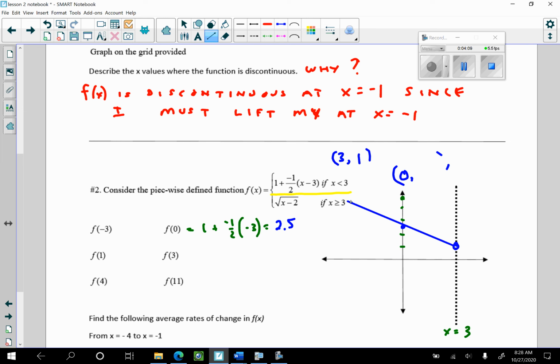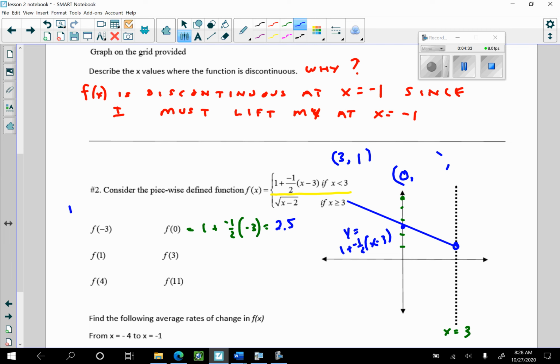There's that line. I'm going to label this piece over here in blue. This piece right here is this line right here, 1 plus negative 1/2 (x minus 3). You don't have to label these pieces, but I like to. That's what this purple piece is. And right away, since negative 3 is less than 3, I'm going to use this to find f of negative 3.